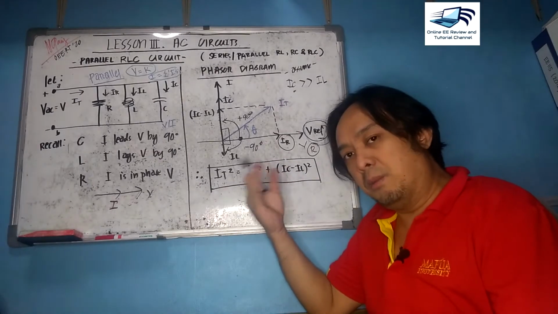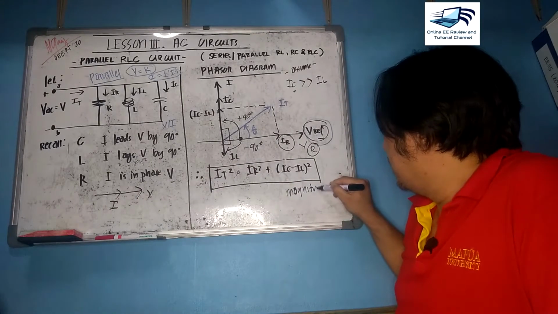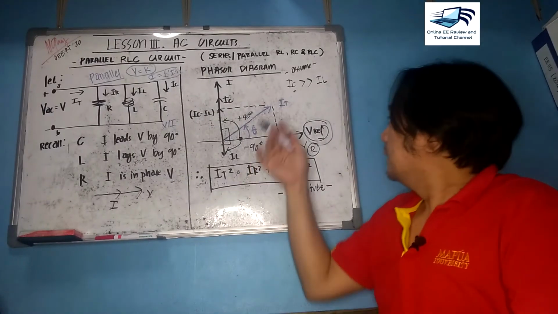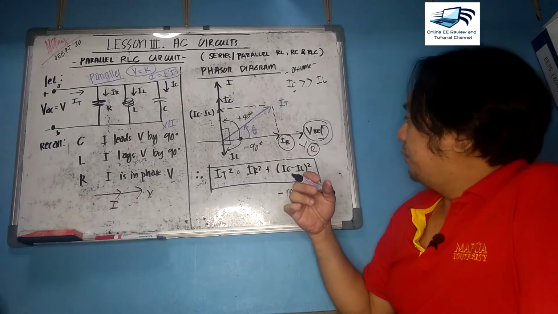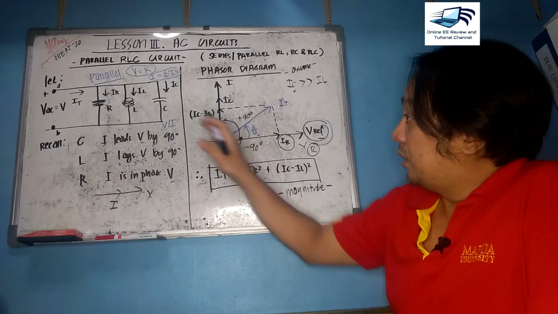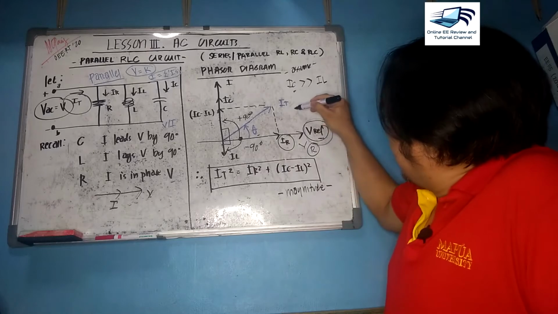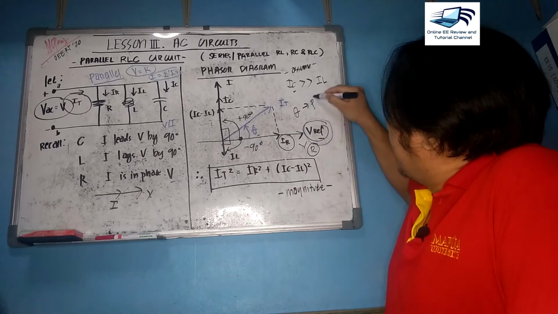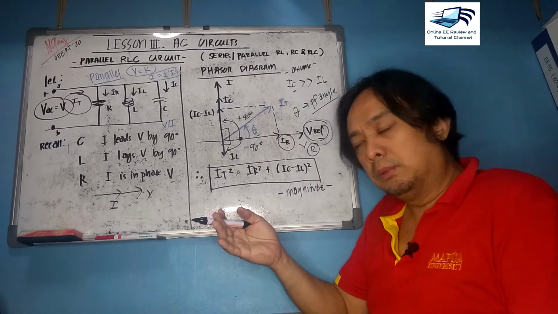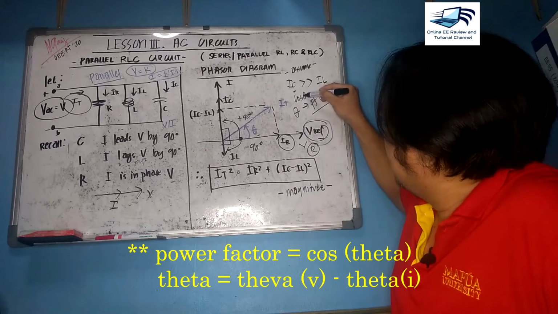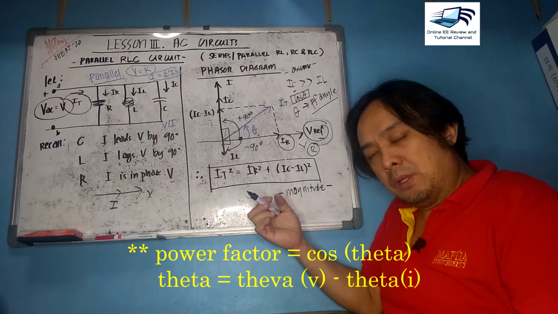But whatever happens, since we're considering magnitude alone, the value of the total current will be positive. For this angle theta, if we consider this circuit, IT and the voltage V, this angle theta is the value of the power factor angle. When we say power factor, that is the cosine of theta of the input circuit.